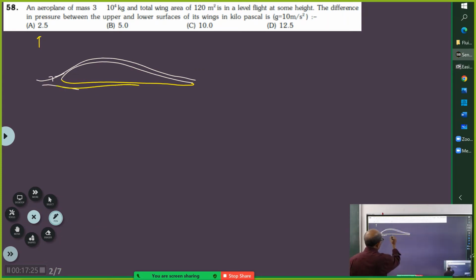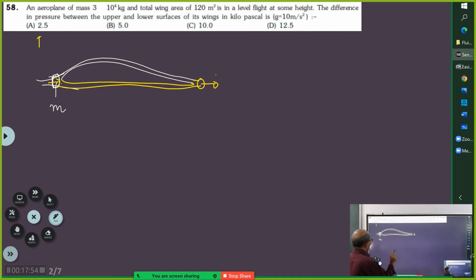Crowded on the top, less crowded below. Say per unit time m kilos of air will enter this point, and how much air will come out of this point? It has to be the same, correct?